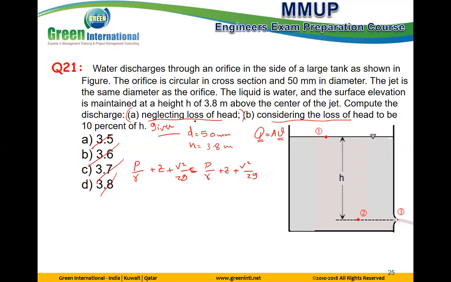First equation: neglect losses, without losses. Pressure is atmospheric at point 1. I will apply it between point 1 and point 3, because the discharge required is at the outlet, at 3. Correct? So the pressure at 1 and 3 are both open to atmosphere, correct?